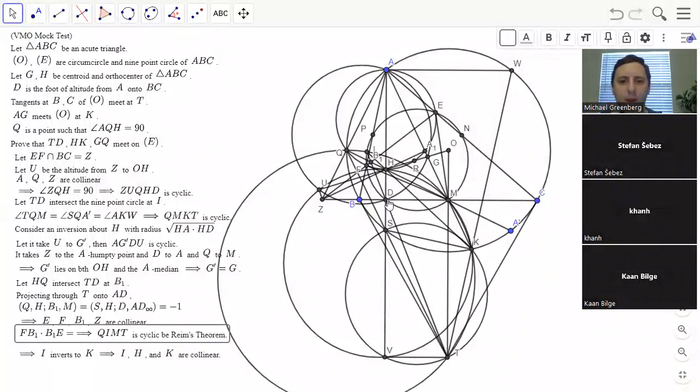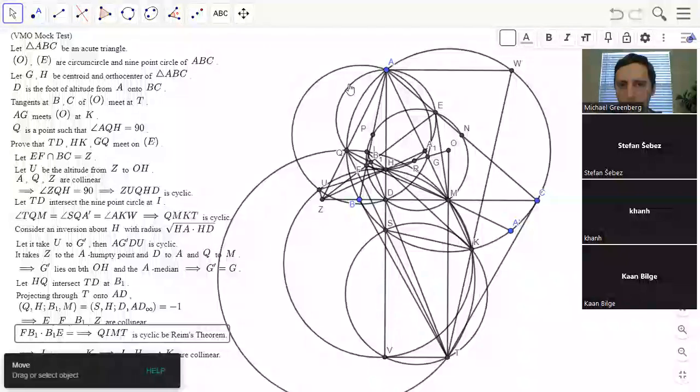I'm trying to see how we use the radical axis theorem. I got kind of confused too. Let's see.